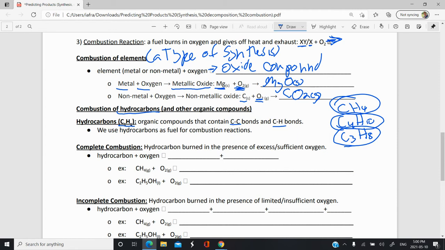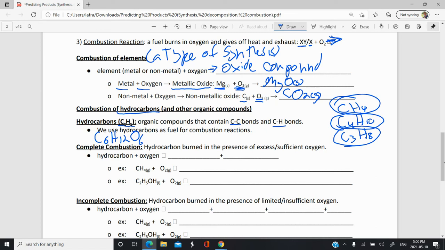So they have a lot of energy in them. To get it out, you need to burn it with oxygen. And hydrocarbons can also have derivatives, so other organic compounds. So for example, you might have compounds that have Cx and O, Cx and N. One great example that you might know is C6H12O6. This is glucose, or a type of sugar, which you break down during cellular respiration.